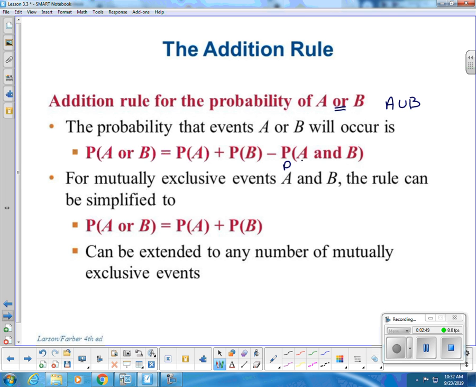This is sometimes shown as the intersection, A and B is the intersection. If they're mutually exclusive, the intersection is 0. So sometimes they don't even show that on the formula. I just memorize this formula, just minus 0. So you don't have to think of too many things.